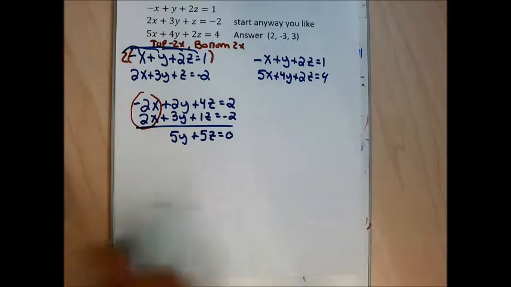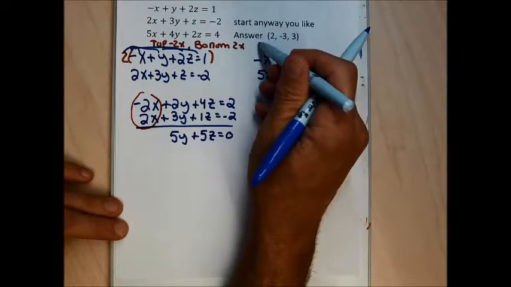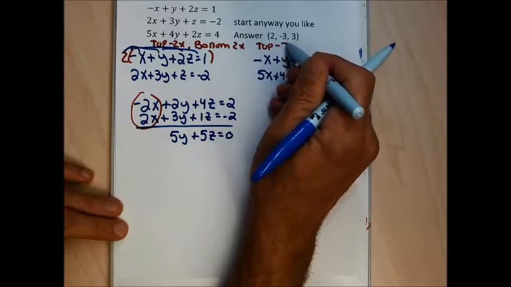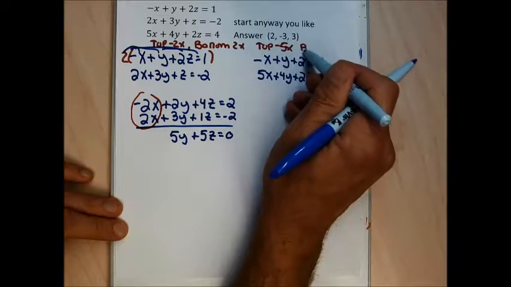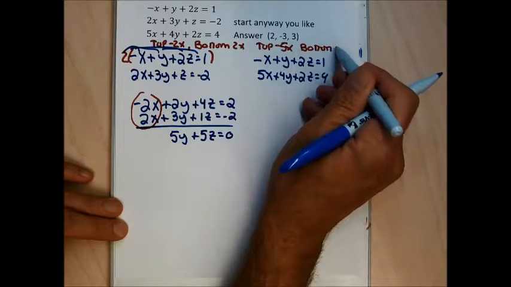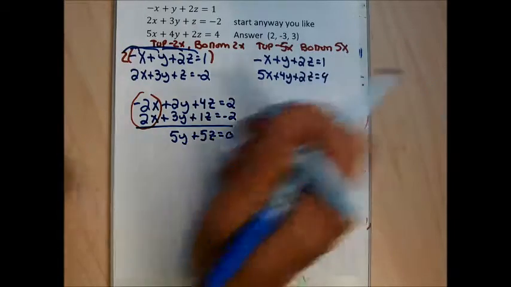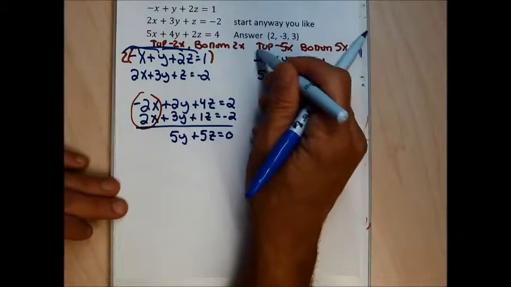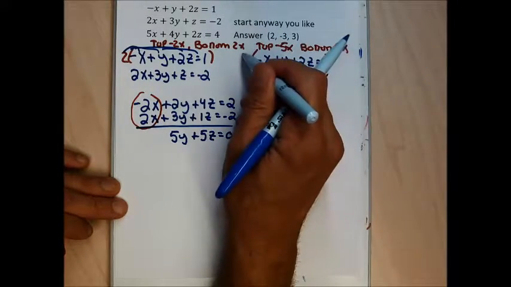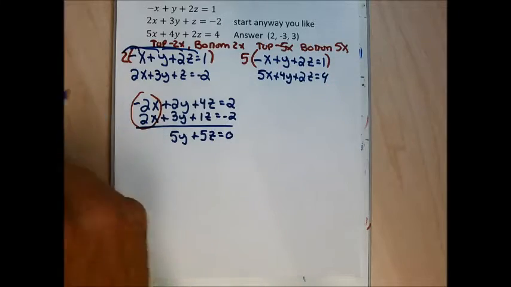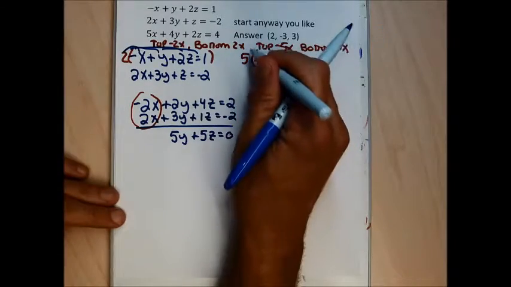Done with that set. Moving over to this set, I'm going to make the top have a negative 5x and leave the bottom with a positive 5x. I have to drop the same letter from both. If I drop an x from one and a y from another, it's not going to work. To make the top have a negative 5x, I'm going to multiply it by 5.